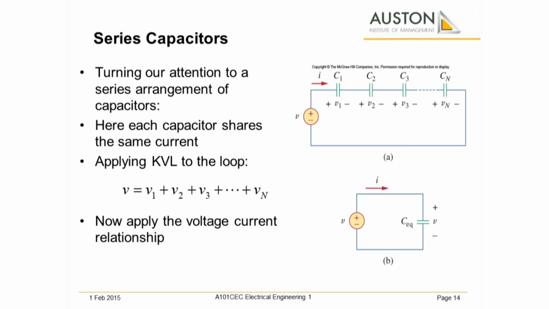So what happens when you connect several capacitors in series? When you connect several capacitors in series, you effectively increase the separation between the plates. When the separation increases, the capacitance decreases. Therefore, if you have series capacitors, the total capacitance effectively decreases.